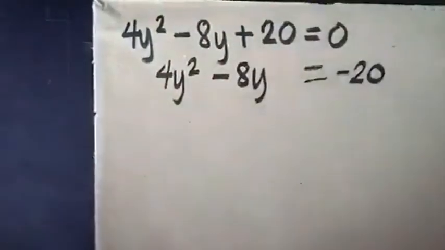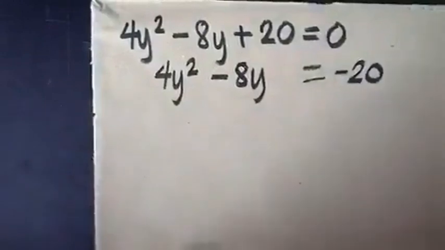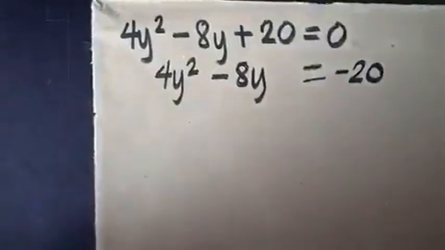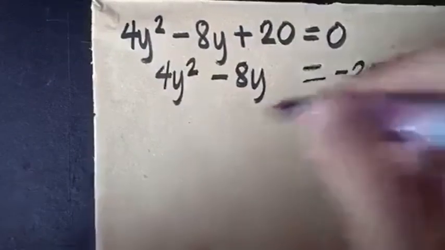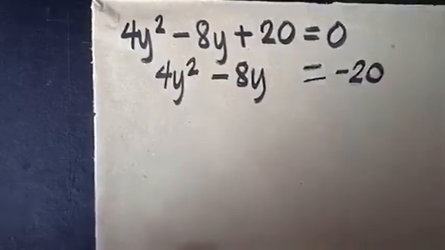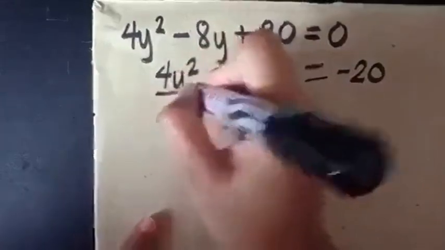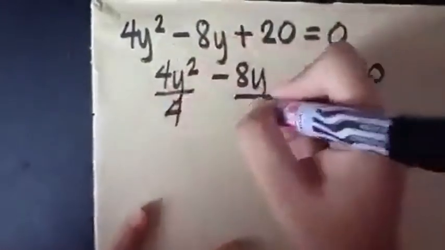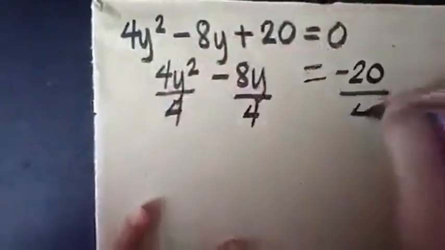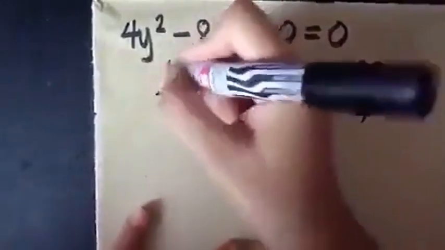Okay? Next, since ang value ng a natin is 4, it is not equal to 1, kailangan nating i-divide all the terms such that your a will be equal to 1. So, what number are we going to divide? Definitely, we are going to divide all the terms by 4. Para maging 1 yung value ng a natin.